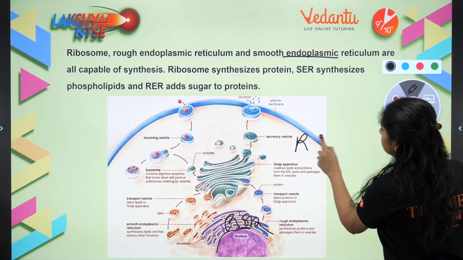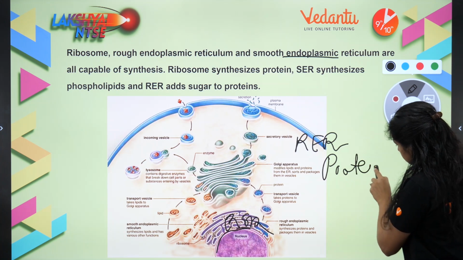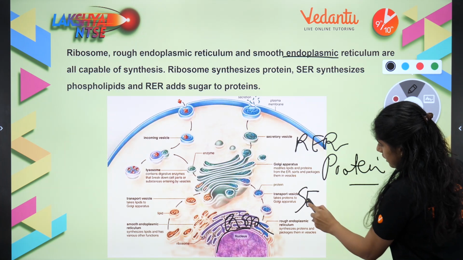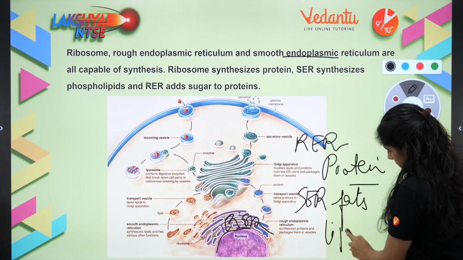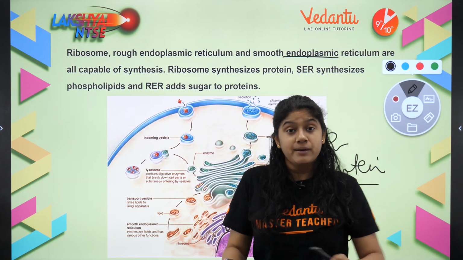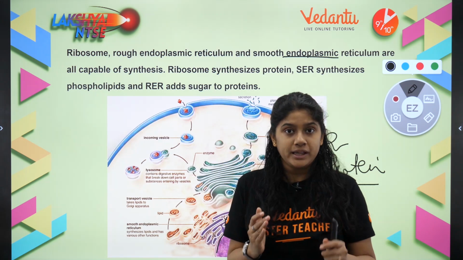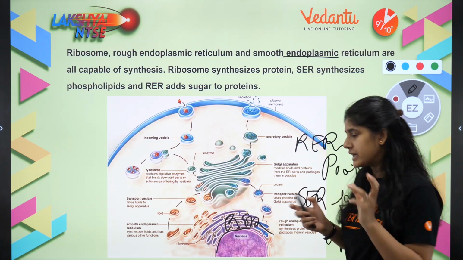So RER will synthesize the proteins. SER will synthesize the fats and lipids. Lysosomes actually secrete the digestive juices which help the cell to perform properly, and of course the nuclear envelope is there to give us all the nuclear details.